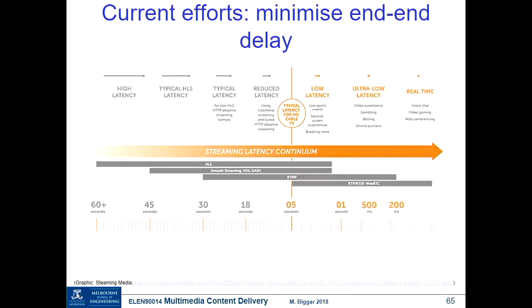So what's happening currently in this space? The efforts are to reduce that delay as much as possible, because that just opens it up for more applications. So this is a graphic that tries to provide a bit of perspective of the delay that occurs with different types of service. Interestingly, the comparison is with cable TV. And cable TV already has a 5-second delay.